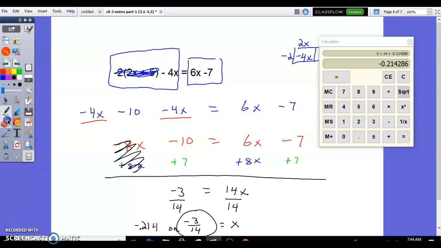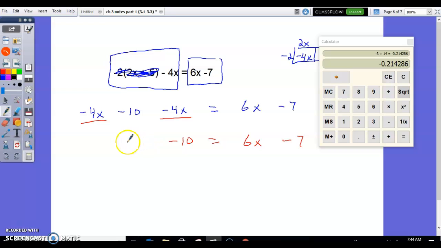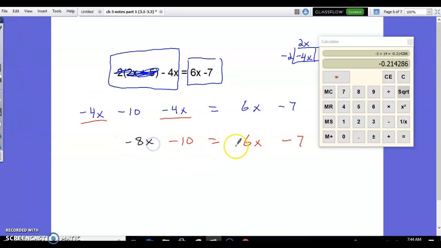Again, if we're going back here to show the problem without using that double step, you would just take the extra step in there. So this would be negative 8x right here, because that's where we finished off. So if I add 8x, or I could subtract 6x if I want, it doesn't matter. So then I would have negative 10 equals 14x minus 7, and then you would just be adding that step as a second step.